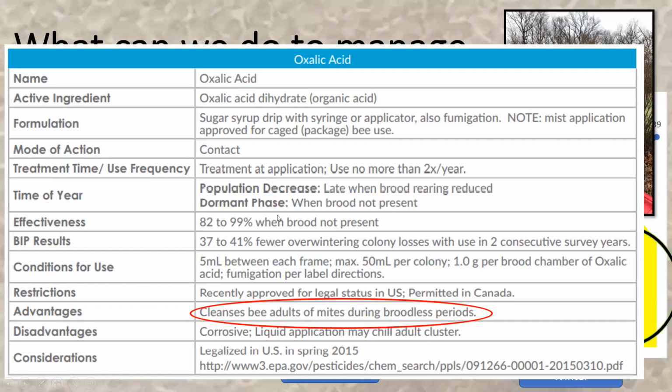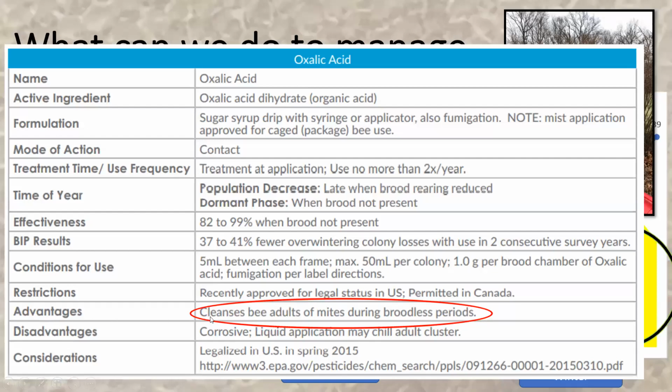So make sure you're following those labels as if they are a tax form. And if you mess it up, you're going to be hit with a bill. They are extremely important. One, because they make it so that the chemical that you're using is effective in the first place.